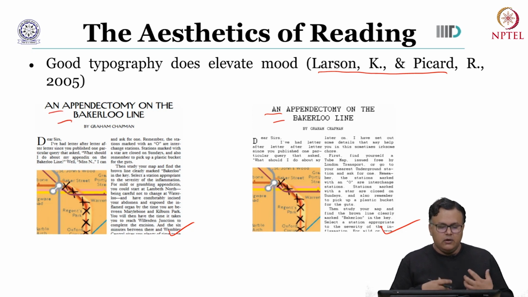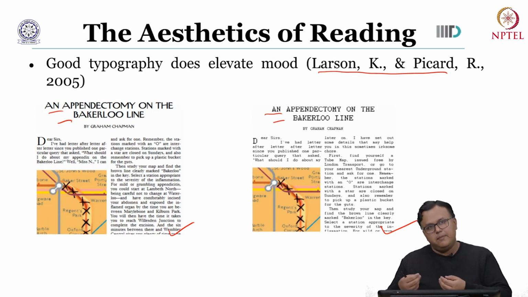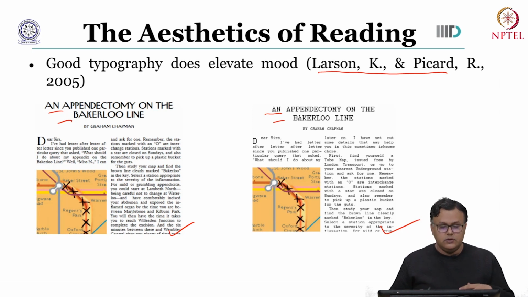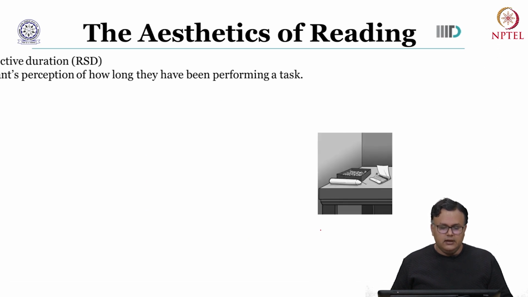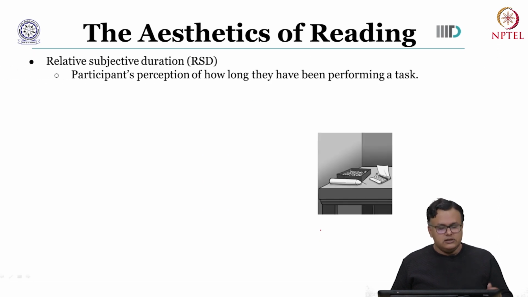What they found was that, if you have a good typography, then it should affect the perceived affect and the real affect of the person, right? So, it could elevate the mood when you're reading, let's say, this article as compared to the same article in a different style.